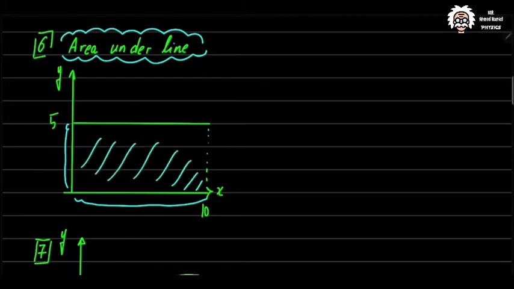So if we want to calculate the area of this shape, we can say that the area will equal the length times the width. So it will be 10 times 5, which will give us 50.